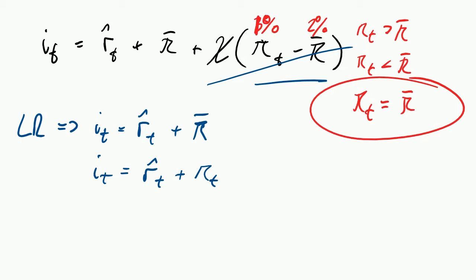And there we have the same conclusion as in the Fisher equation, that an increase in interest rates will cause an increase in inflation. And as such, we find that the policy rule and the Fisher equation are indeed compatible. It's simply that the policy rule operates differently in the long run because there's no possibility of off-target inflation.